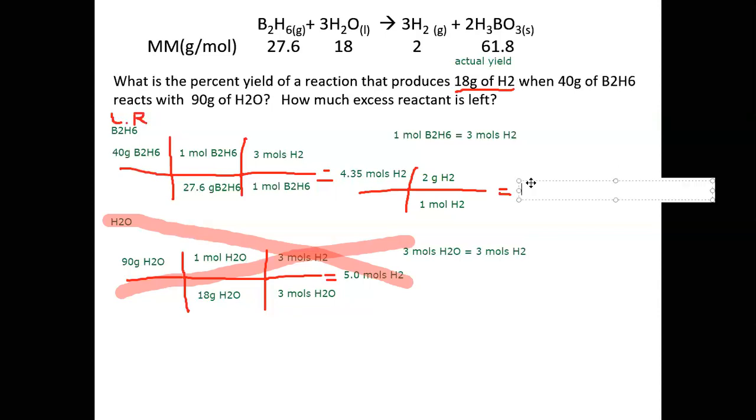And we get 8 point. Oh no, that's not right.